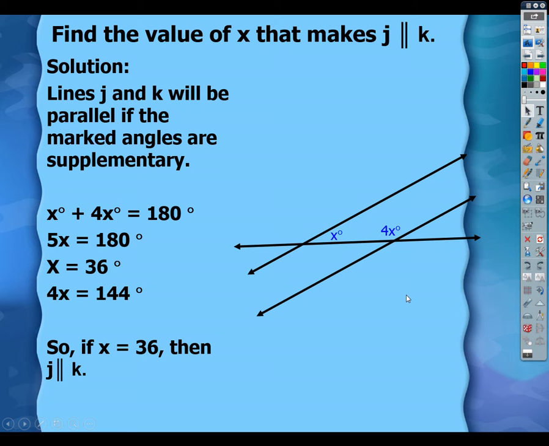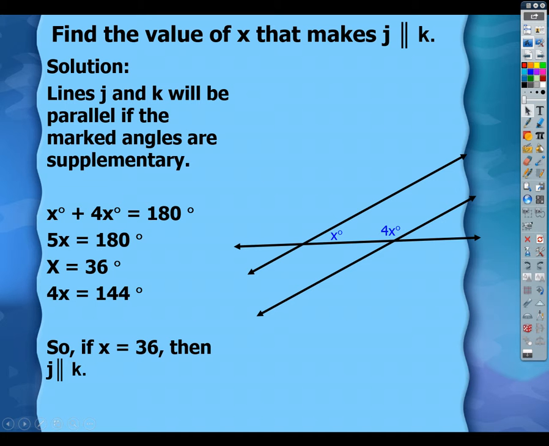But for now I want you to just look at some stuff like this real quick. This is a simple version of the kinds of algebra questions that you'll be doing. So say we want to choose the value of x here so that these two lines, which evidently aren't labeled here, but they're j and k, I guess, so that lines j and k are parallel to each other. Okay, what's my thinking on this one? What must the relationship be between those two angles if the lines are going to be parallel? Supplementary.